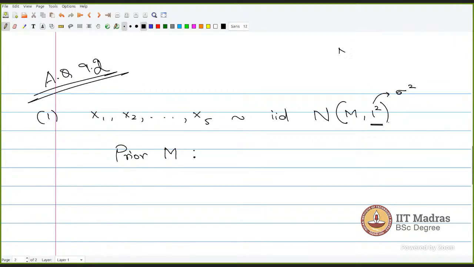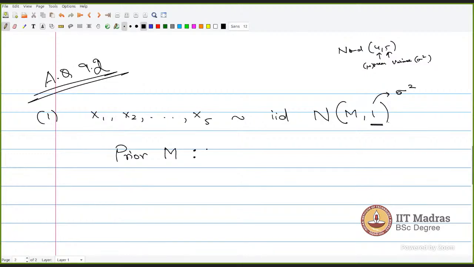If I say normal(4, 5), 4 is the mean and 5 is the variance, not the standard deviation. This is the mean, and this is the variance, which is sigma square. So 1 is sigma square.